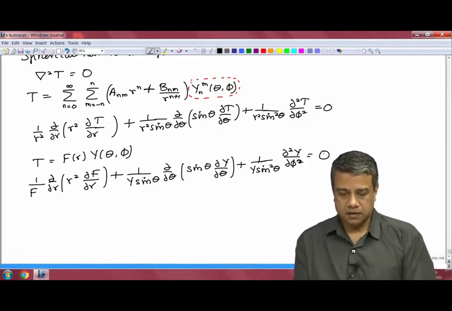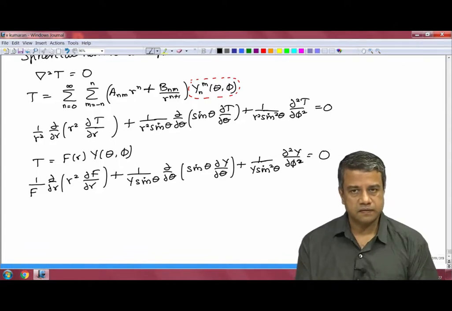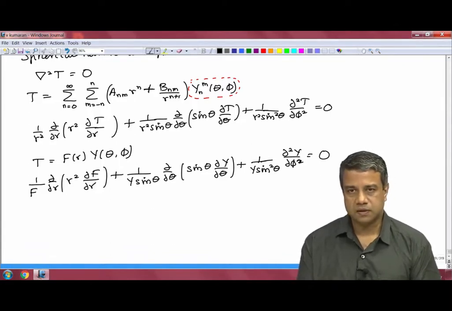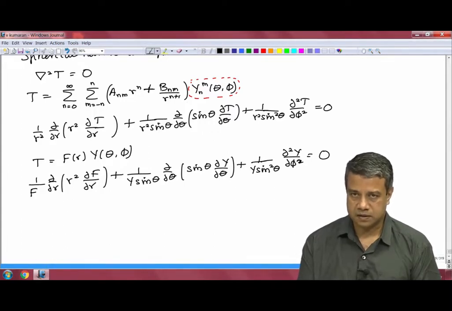Now, the first term on the left is only a function of r, the other two terms are only a function of theta and phi. Therefore, both of these have to be constants. What should that constant be?